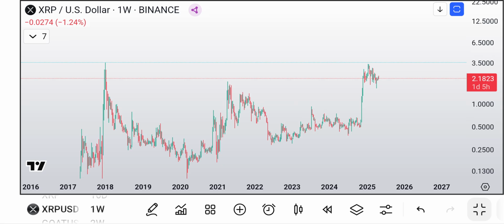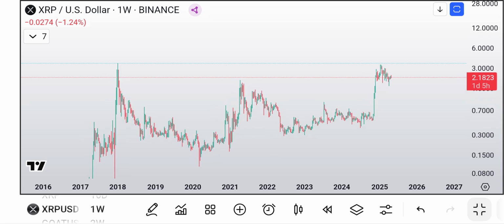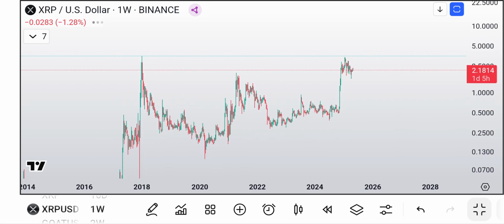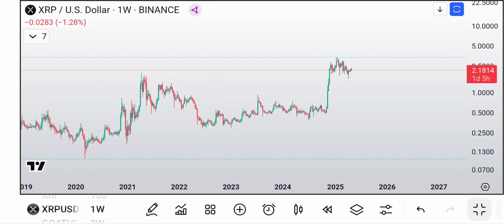But once that gets resolved, there's nothing holding us back. XRP is not going to create a 7-8 year structure just to crash and go to zero. It's just not going to happen, right? If you think for 1 second that XRP is going to come all the way back down to 50 cents, back down at this level, I just really don't see that at all, especially the way it's shaping.